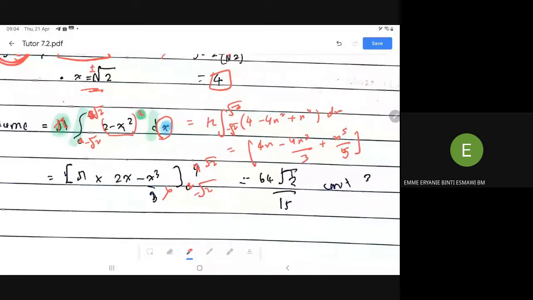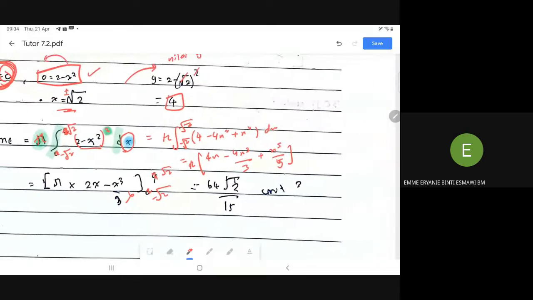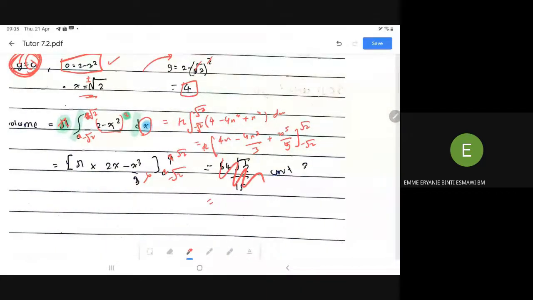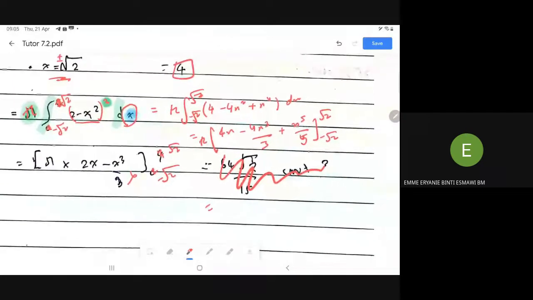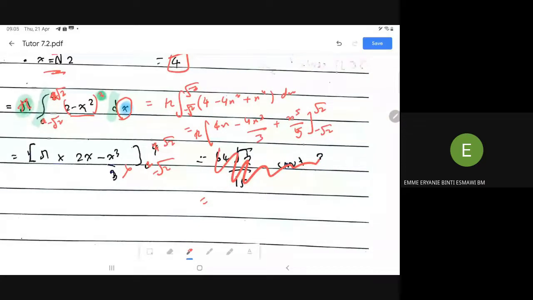Okay, lepas tu ada pi kat depan sini. Pi tu memang akan tendency untuk tertinggal tu tinggi. Tapi ingat balik je, waktu kita dah habis jawab tu, kita tengok balik soalan tu, oh volume mesti ada pi. Kalau tak ada pi, letak balik dari atas sampai bawah.